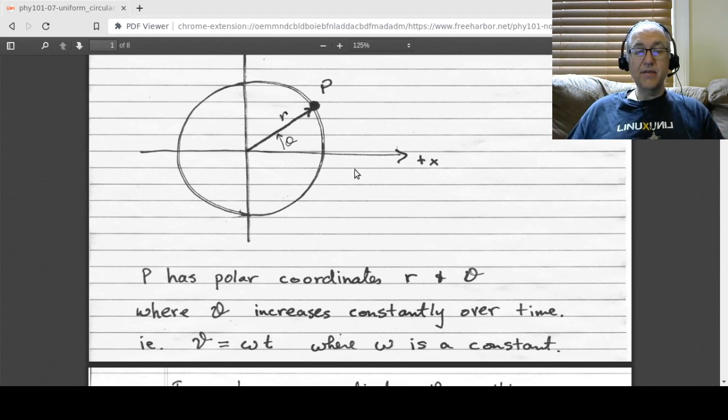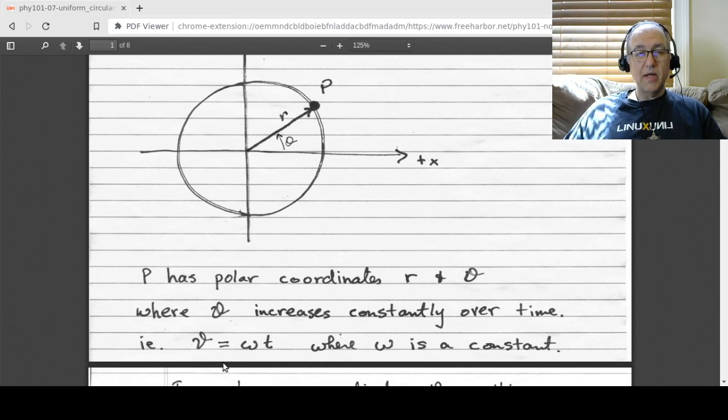Theta isn't fixed, because theta keeps increasing, but it increases constantly over time. So you could write theta as omega times t, where omega is a constant. And guess what? Omega is the angular frequency that we saw in simple harmonic motion, the same omega, but now transferred to uniform circular motion.